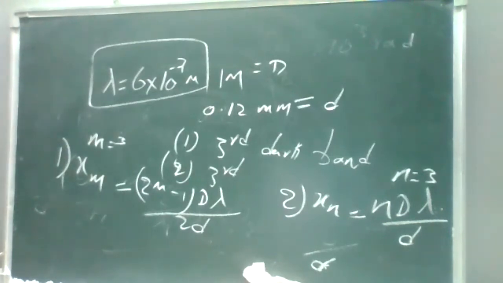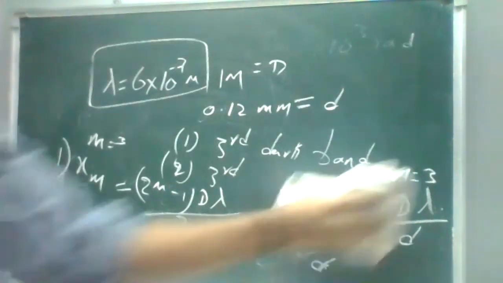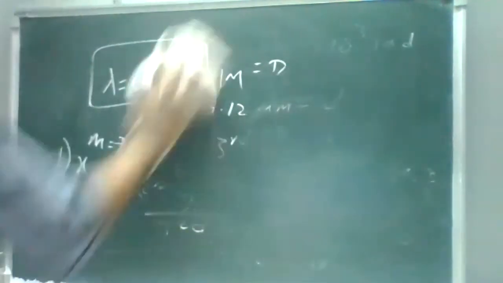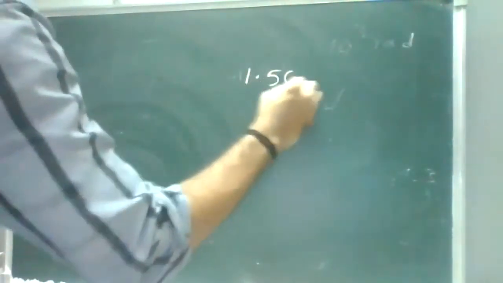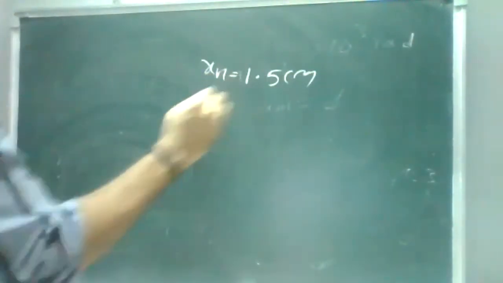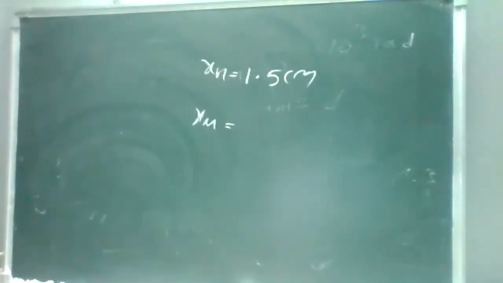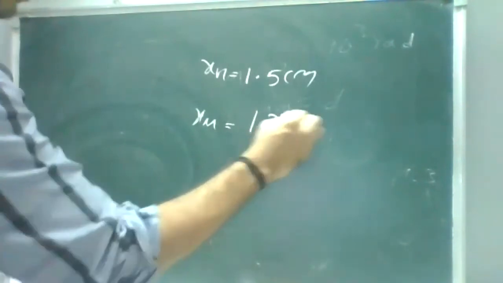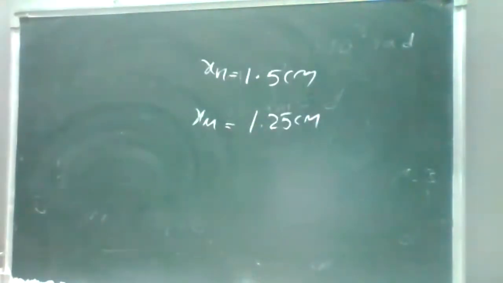Okay, answers. So for brighter, it is 1.5 centimeters, Xn. And Xn for darker is around 1.25 centimeters. Centimeters are good, you can convert into meters also.